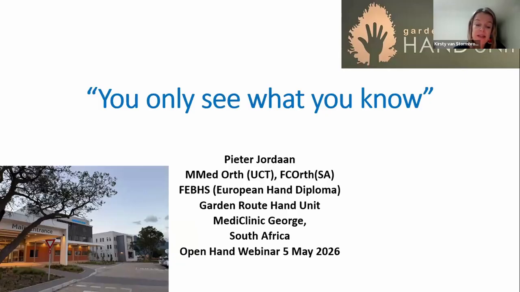And then he went on to complete a peripheral nerve and hand surgery fellowship in Birmingham. Dr. Jordaan is a fellow of the European Board of Hand Surgeons, and he is a strong supporter of a multidisciplinary team in hand injury care. So it is a great privilege for us to have you speak. Thank you, Dr. Jordaan. Over to you.